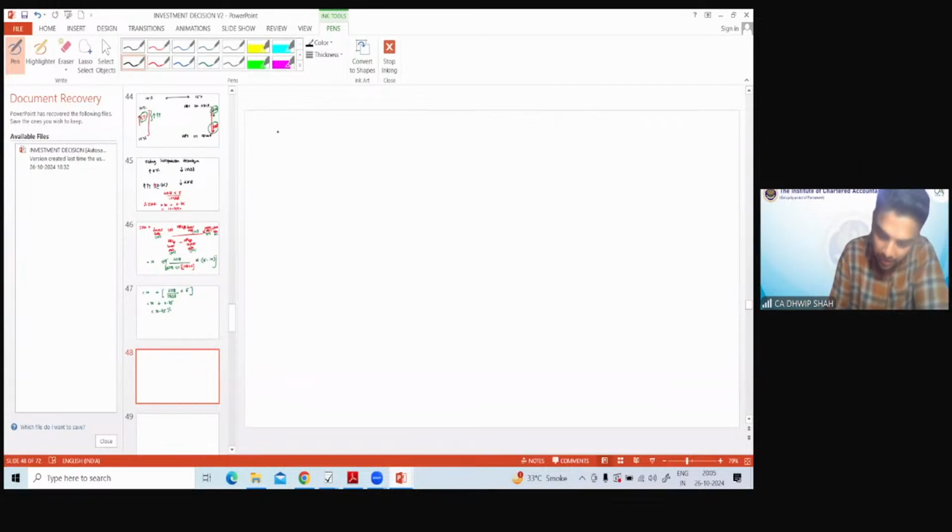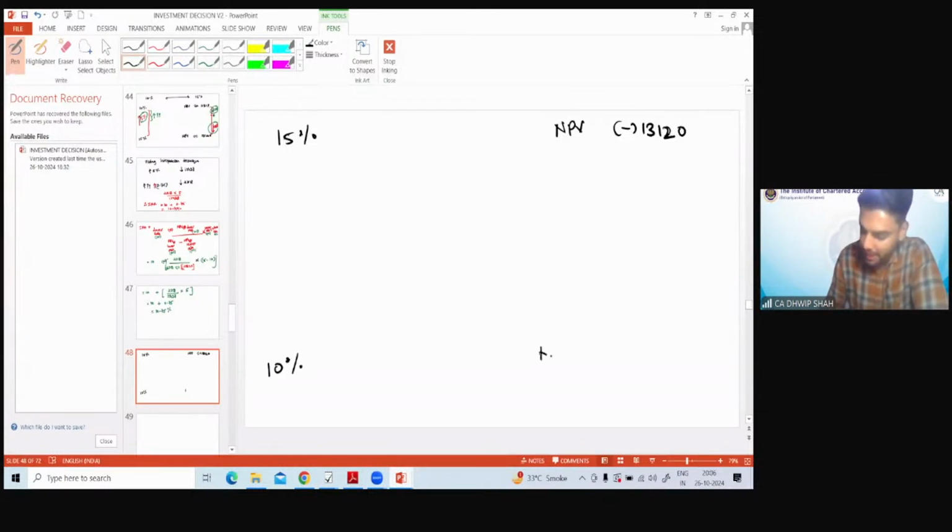So at 15%, my NPV was negative 13,120. ठीक है? Okay. At 15%, my NPV was negative 13,120. At 10%, my NPV became positive 2318.